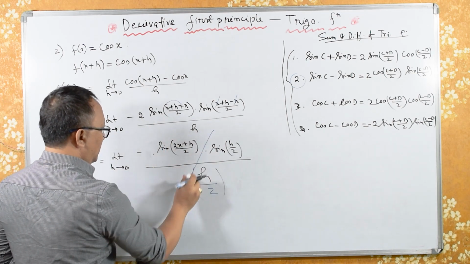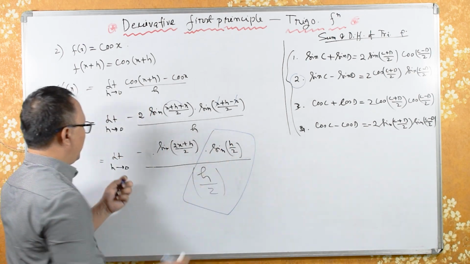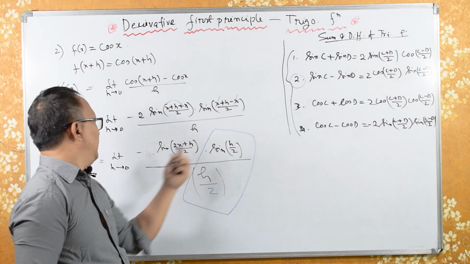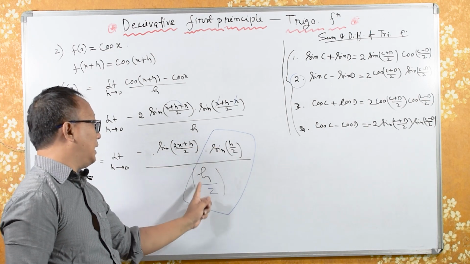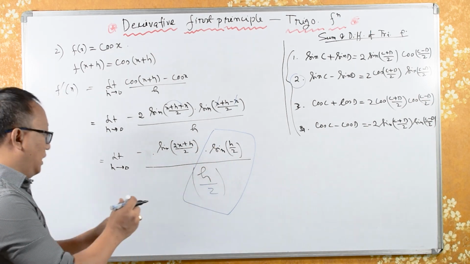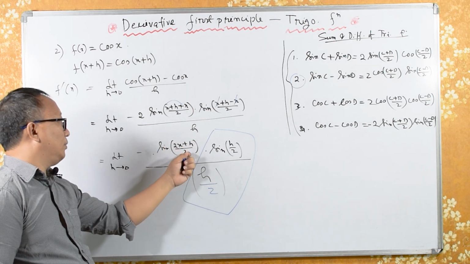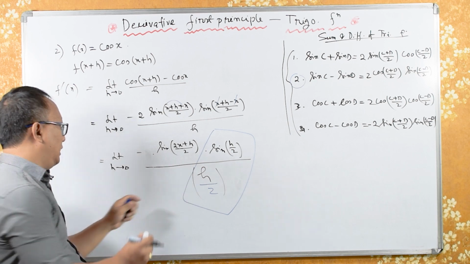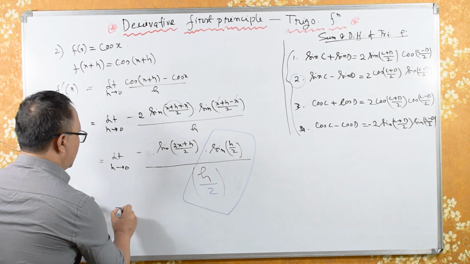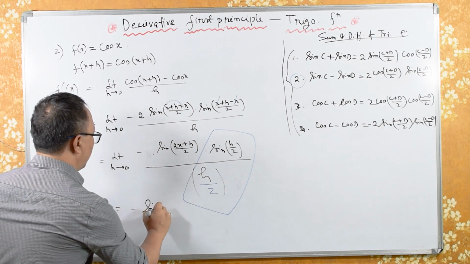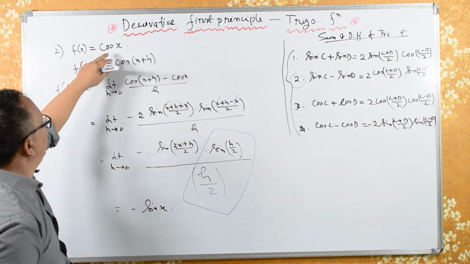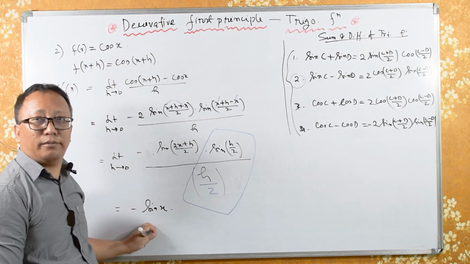When h tends to 0, sin(h/2) upon h/2 becomes 1, and this becomes 0. Twice x upon 2 is x, and here we have minus sin x. Therefore, the differentiation of cos x is minus sin x.